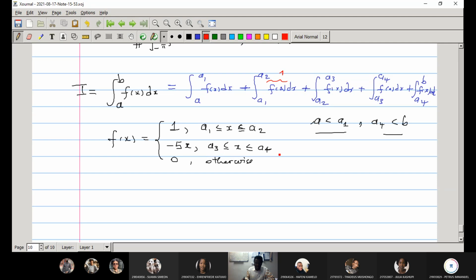Now from A3 to A4, f here is equal to negative 5x and 0 elsewhere, meaning that this will be 0, this will be 0, and this will be 0. So I just look at the expression and the interval that are given here, I split whatever interval I have accordingly, and I substitute.